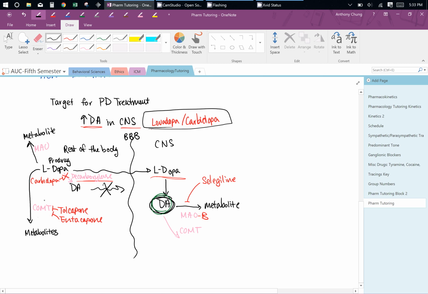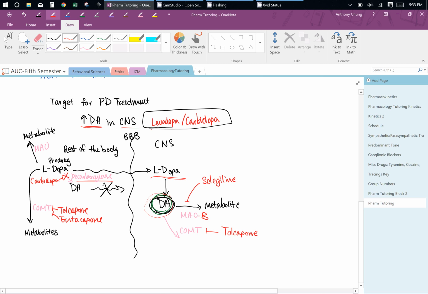So carbidopa will do that, and then the tolcapone, entacapone will do that. And then tolcapone also will inhibit it here. So that will help the dopamine remain in the dopamine form in the CNS. So that's the main treatment for Parkinson's.